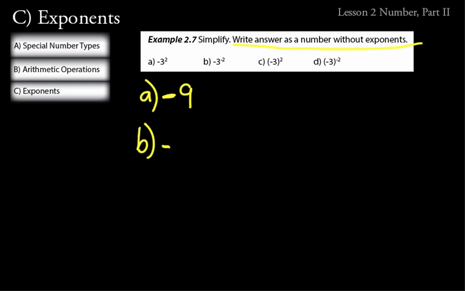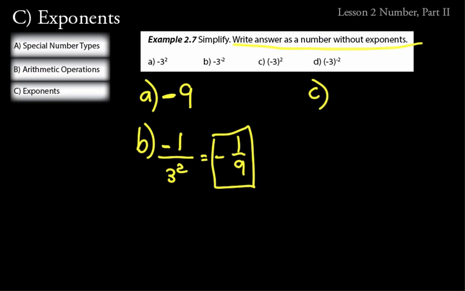That means we need to move the 3 to the minus 2 part to the denominator, so we end up with a minus 1 over 3 squared. And so that's going to be equal to minus 1 over 9. We could also write that with the negative out front. We could just call the whole thing negative 1/9. That works as well.